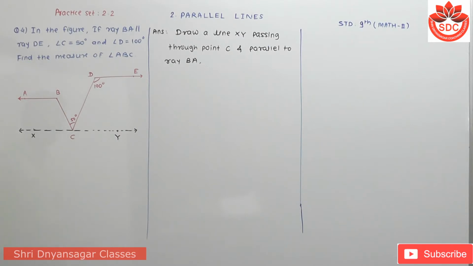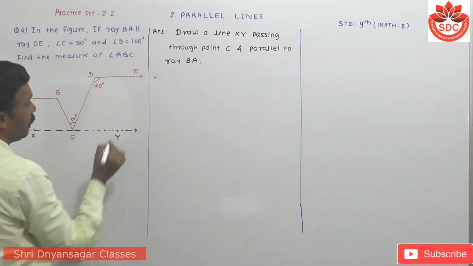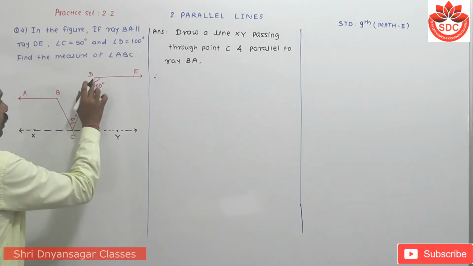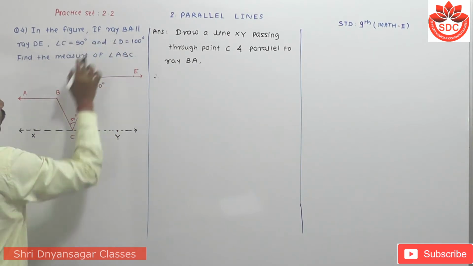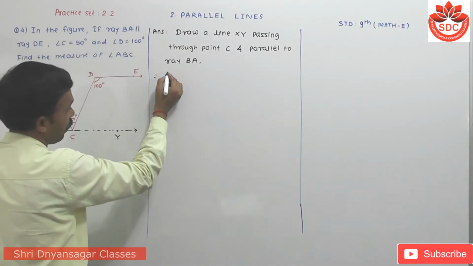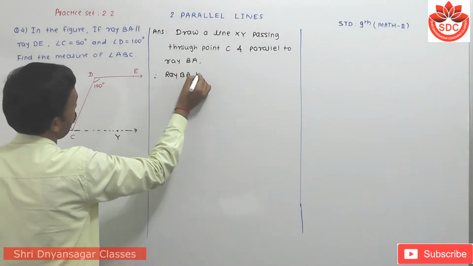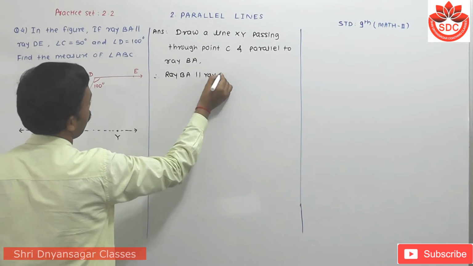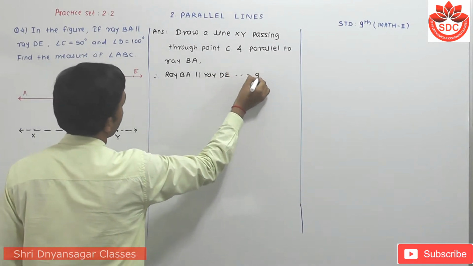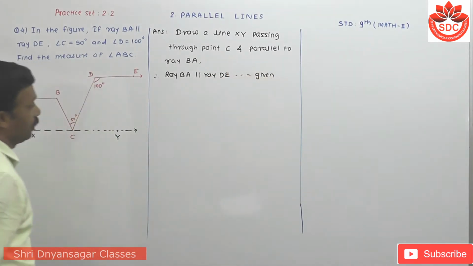Next, students, here ray DE is parallel with ray BA, means that ray BA is parallel with ray DE. This is given.